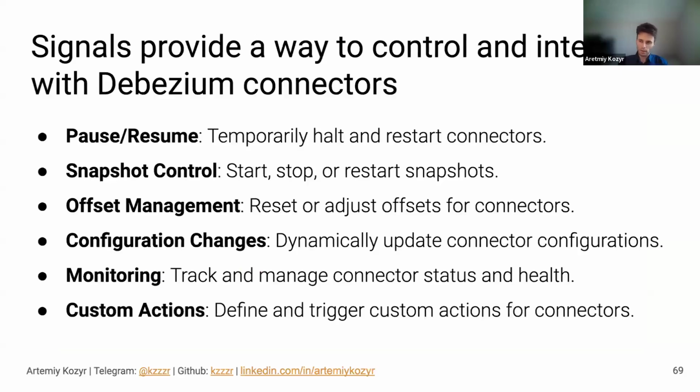Right. The second thing is operations, which is about signaling. I wanted to talk about it more. With the signaling capabilities, you can resume, pause, trigger snapshots, incremental blocking snapshots. You can manage offsets, manage configurations, or even perform your custom actions.